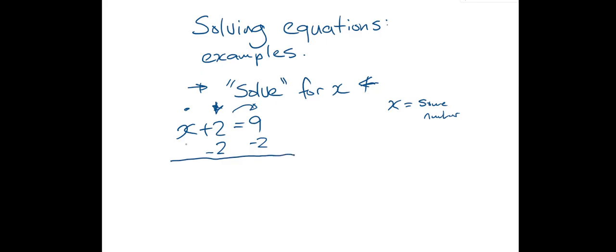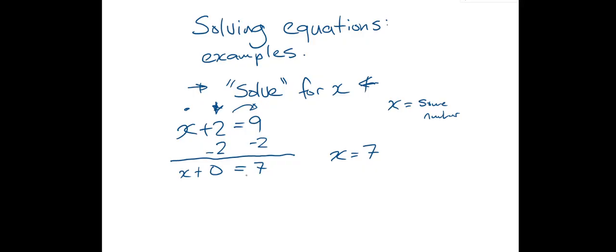Now if we do our little accounting, the x is unchanged. 2 minus 2 is 0. 9 minus 2 is 7. And of course the plus 0 is redundant at this point, so our answer is x equals 7.